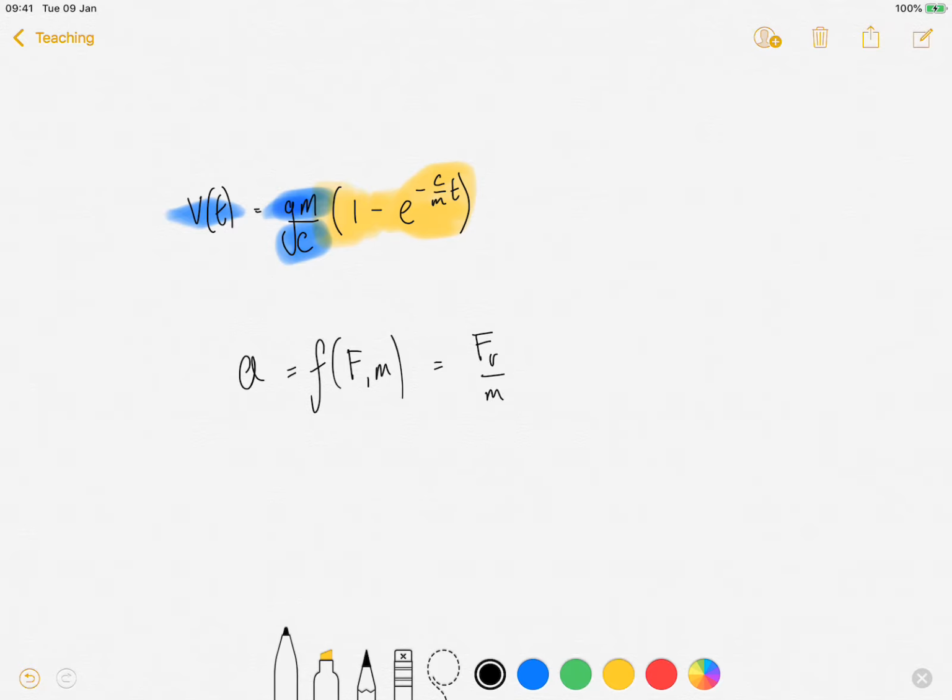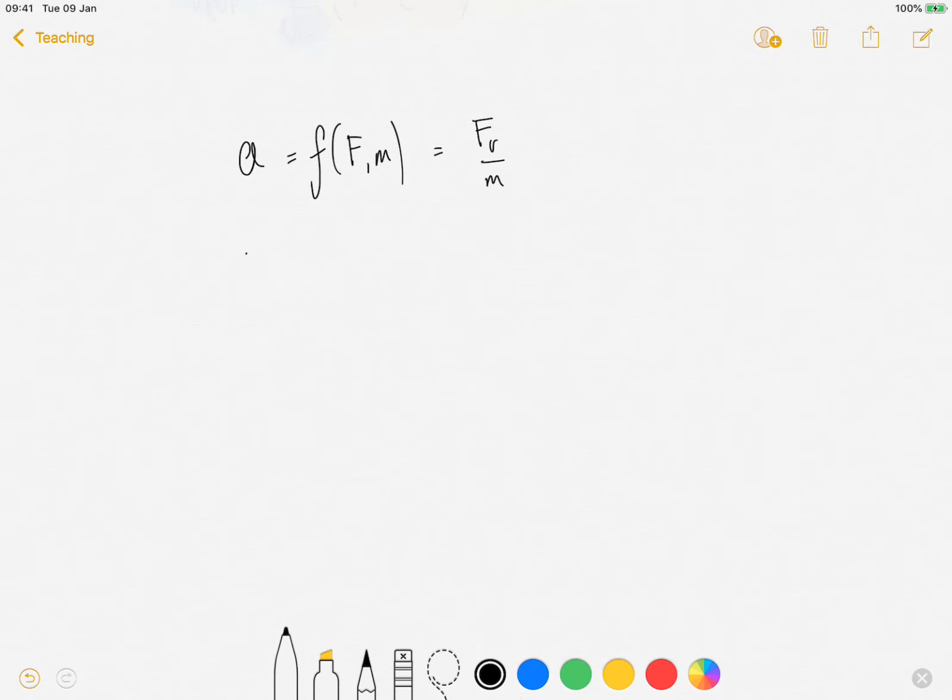And we know that the acceleration, a, is just the time rate of change of velocity. And this in turn can be written as delta v over delta t. And this is because our time step is finite.